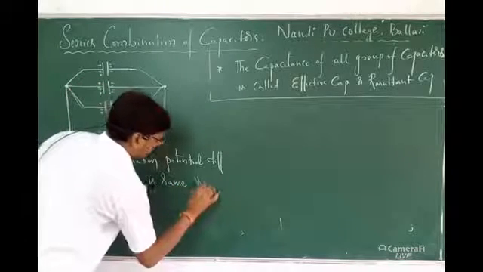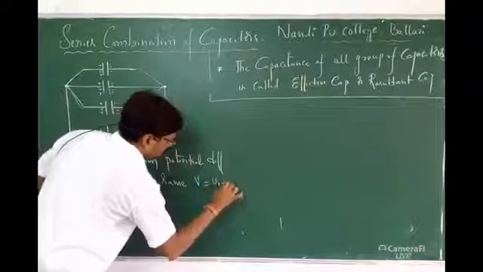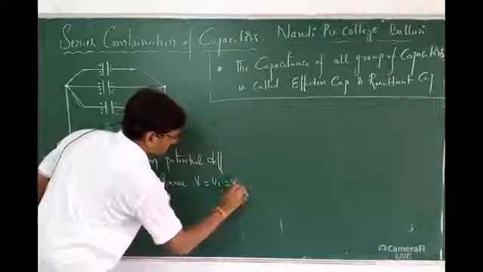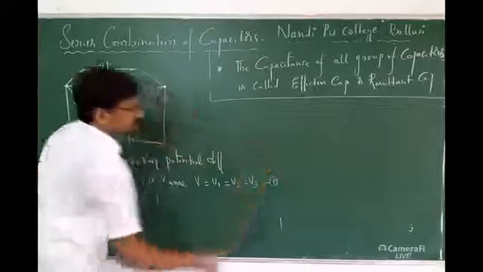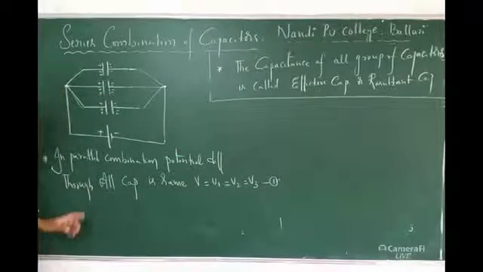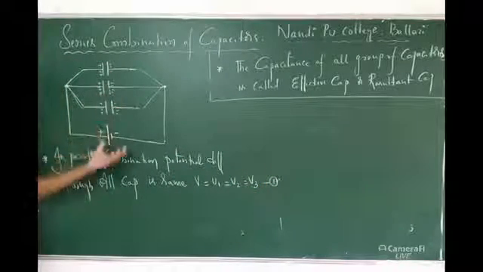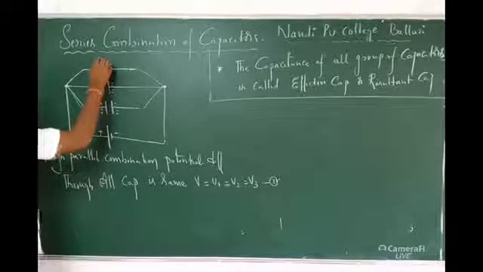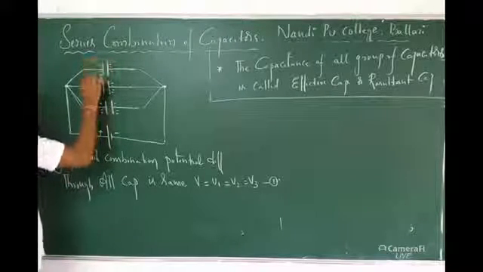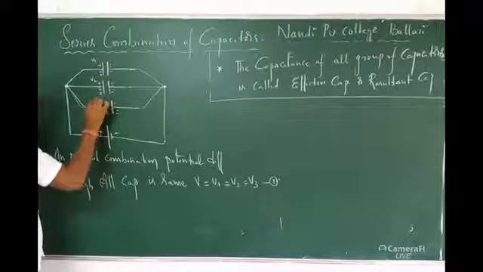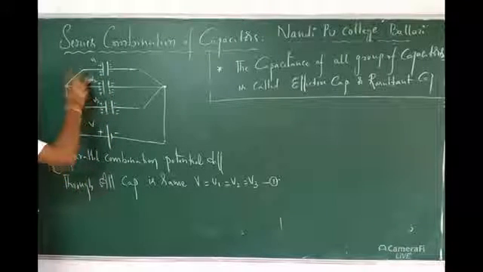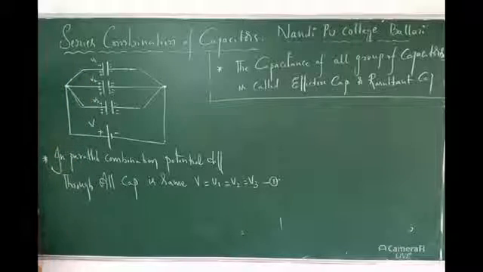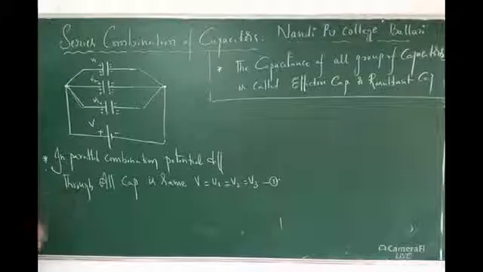Means what we can write? V is equal to V1, V1 is equal to V2 is equal to V3. This is equation 1. Correct? Why? Because all capacitors maintain the same potential. This potential is V1, this is V2, this is V3. This potential is V. V is equal to V3 equals V2 equals V1. Okay? Right. This is the first one.